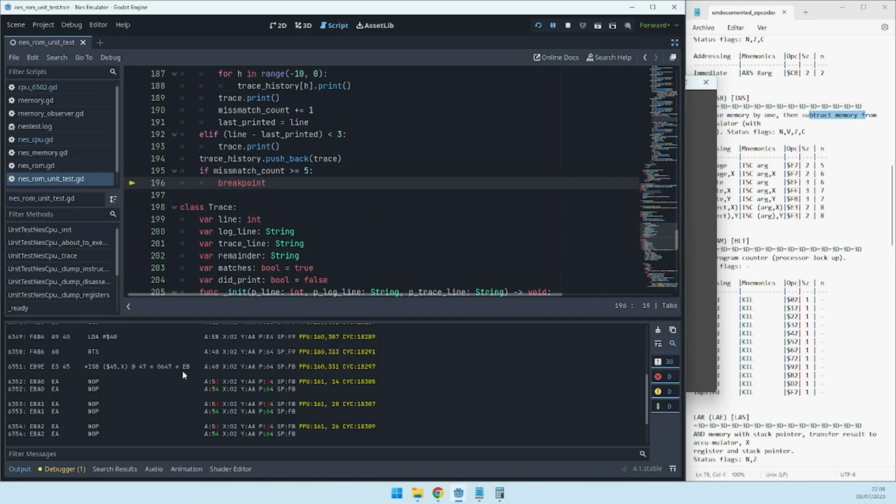So memory was 45. Oh, it was indirect. So 47, 06, 47 EB was the value. So it should be 40 minus EB.